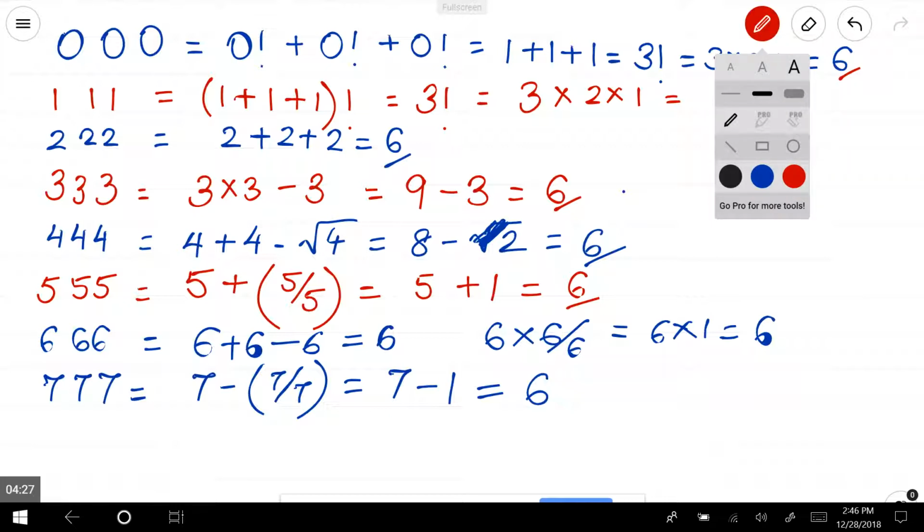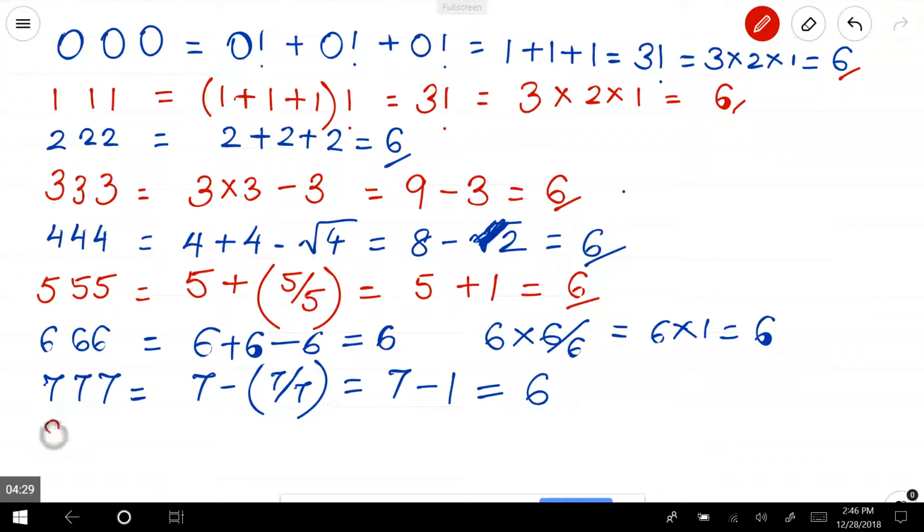All right, I'll change color, otherwise it'll be difficult to understand. 8, 8, 8. For this one, this was the most difficult one. It took me a long time to figure out. And that's why Perren makes fun of me and says that I've taken a long time to solve this puzzle. 8 plus 8 is 16.